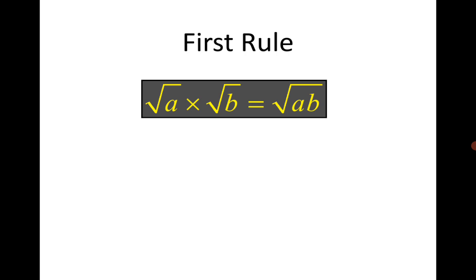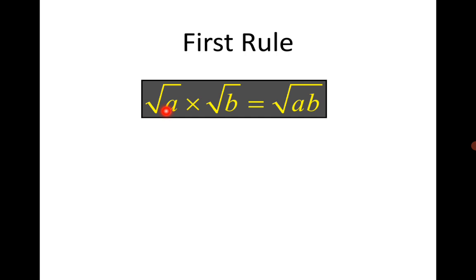So surds also have rules which you have to know and apply to solve problems. So the first rule is root of a times root of b is just the same as root of a times b. Root a times root b is root ab.